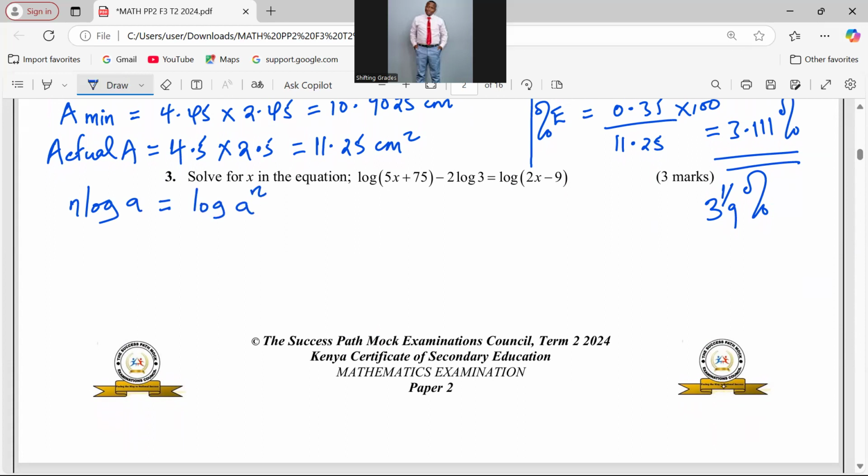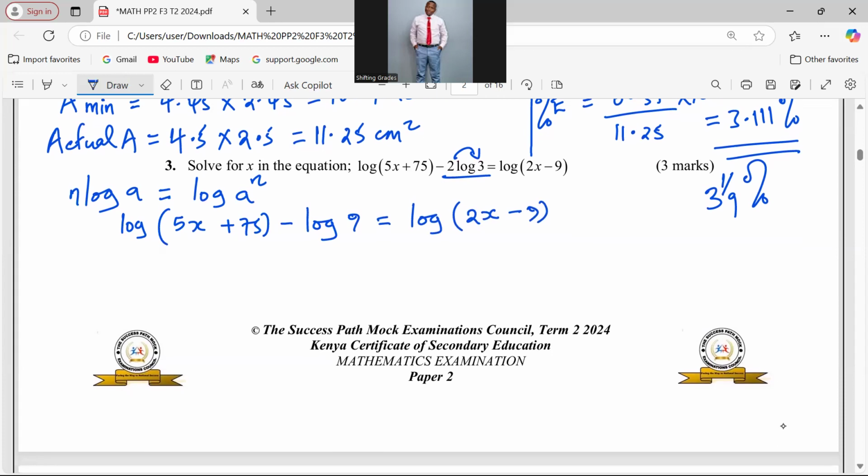So applying that at the second point here, we can write this logarithmic expression as the log of 5x plus 75 minus the logarithm of 3 power 2. So 2 becomes the power at this point, 3 power 2, which is 9, equals the log of 2x minus 9.